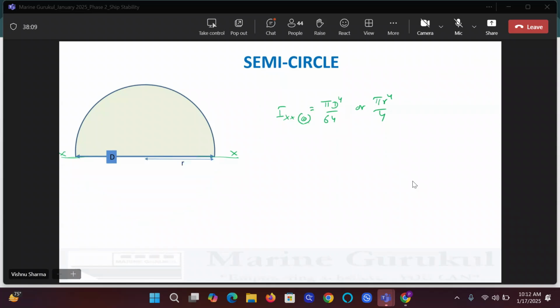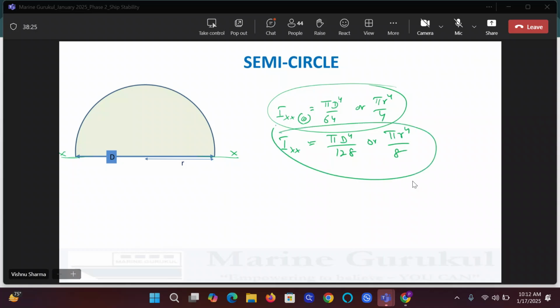So the moment of inertia will become half. So Ixx of a semicircle will be half of this: pi d4 upon 128 or pi r4 upon 8. It comes from making the moment of inertia of the circle half. Understood? Clear, beta?